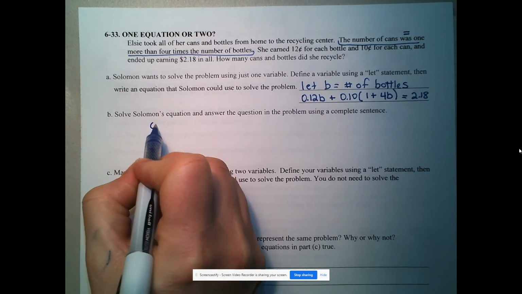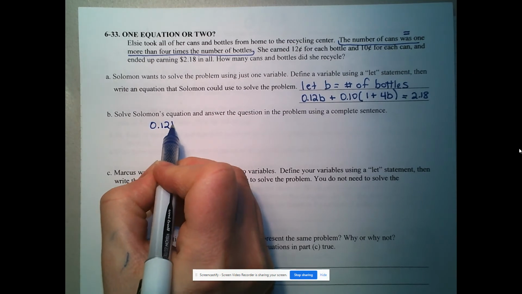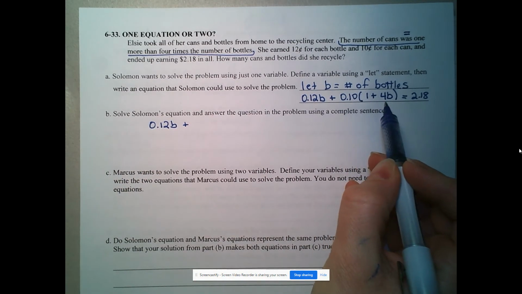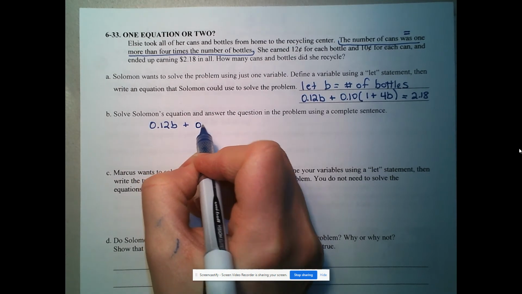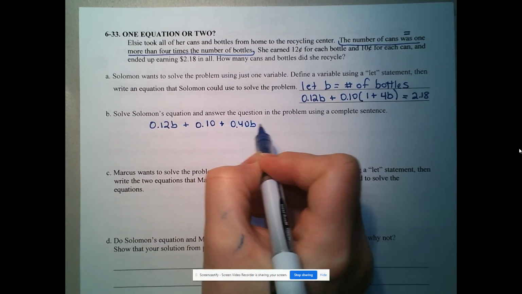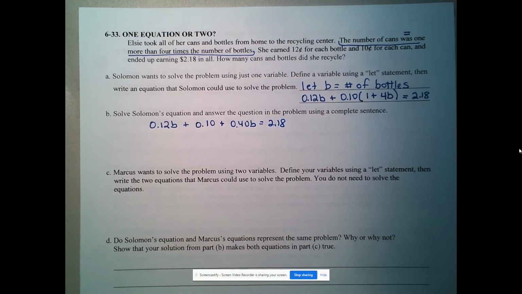Solve Solomon's equation and answer the question in the problem using a complete sentence. So if we want to solve this, the first thing I'm probably going to do is distribute that 10 cents times the 1 and times the plus 4B and get 0.10 plus 0.40B equals the $2.18.